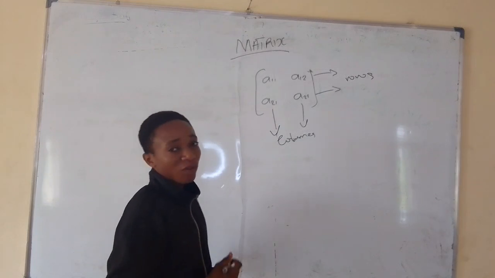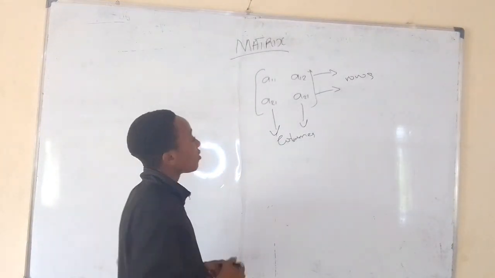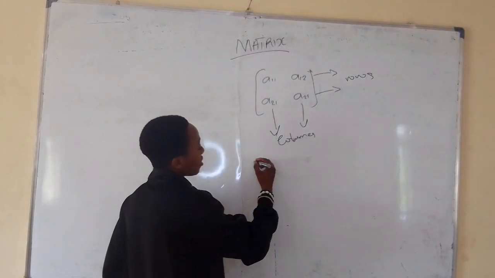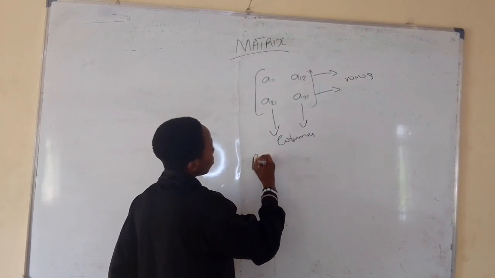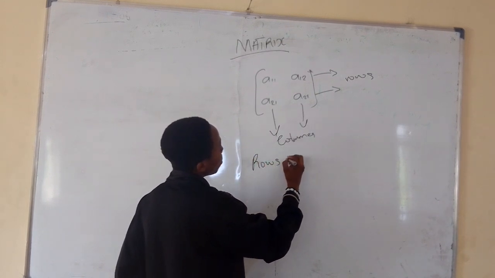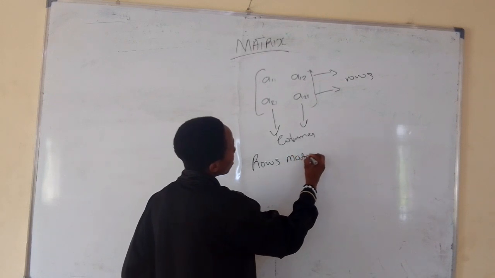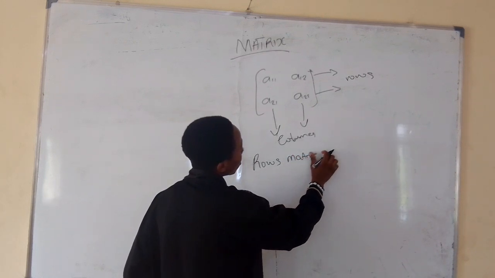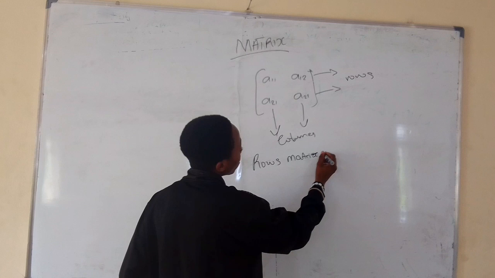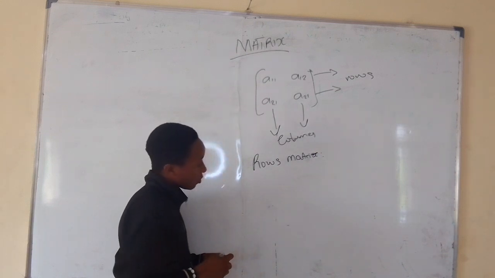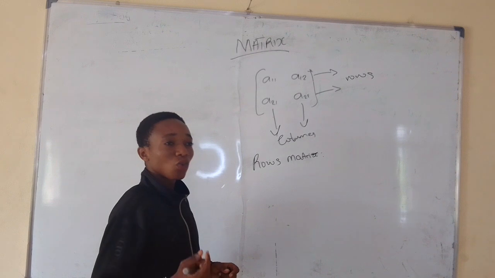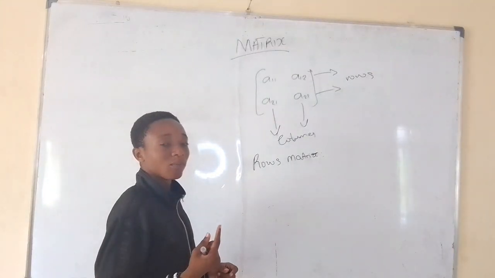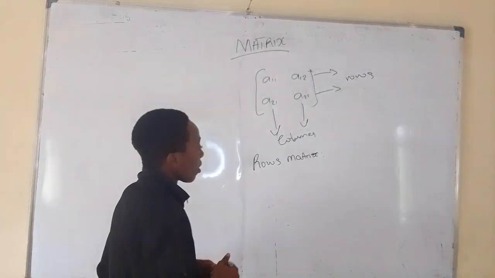So there are different types of matrices. We have the row matrix. A row matrix is a kind of matrix that has just one row and multiple columns.